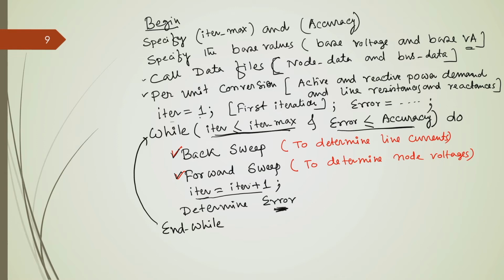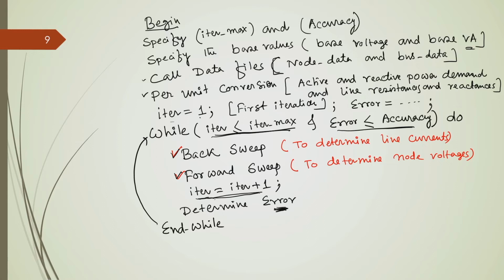This time ITR will be equal to 2, so 2 will be lesser than ITR max, because normally we set it to some value, say 100 or 50. Now, when we go to iteration 2, the first condition will be automatically satisfied, and if the second condition is also satisfied, it will terminate the loop.